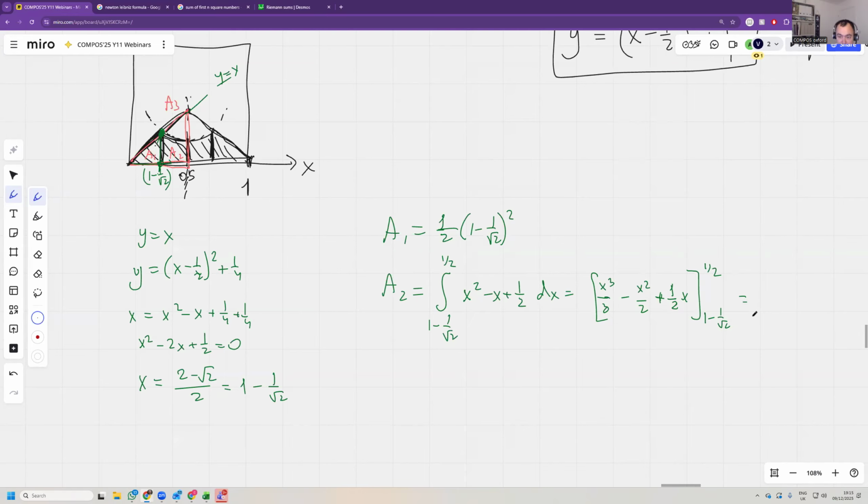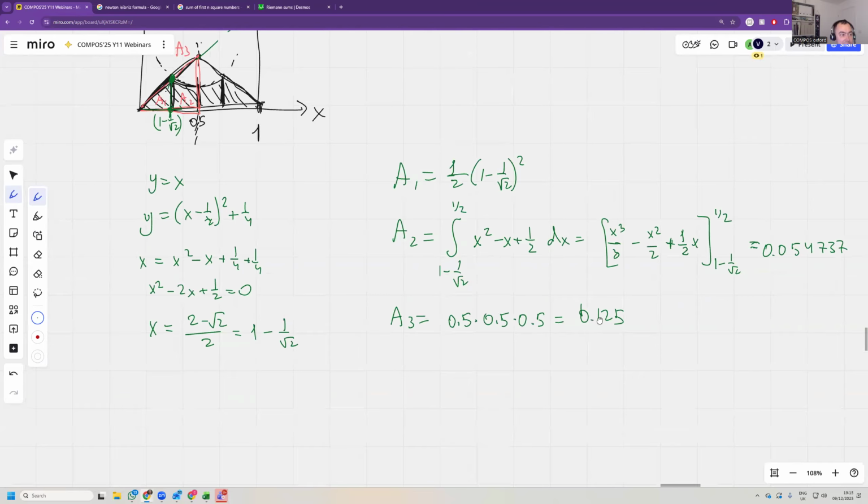And that's 0.054737. So that's a number. And A3 is the total area, and that is 0.5 multiplied by 0.5 multiplied by 0.5. So that's 0.125.